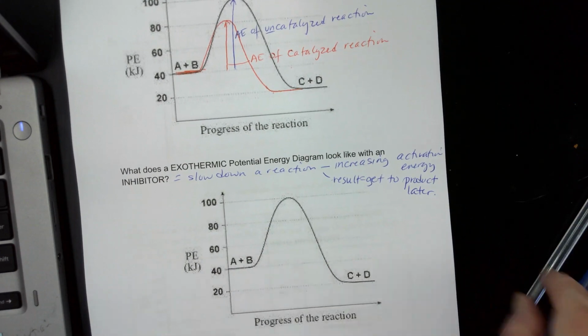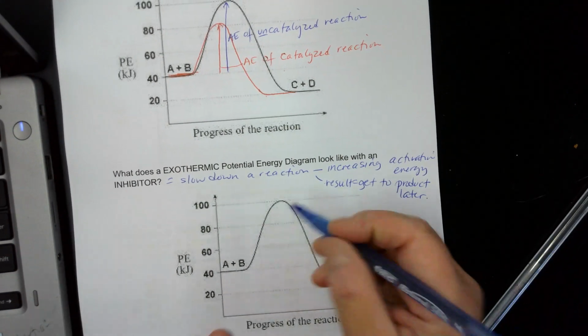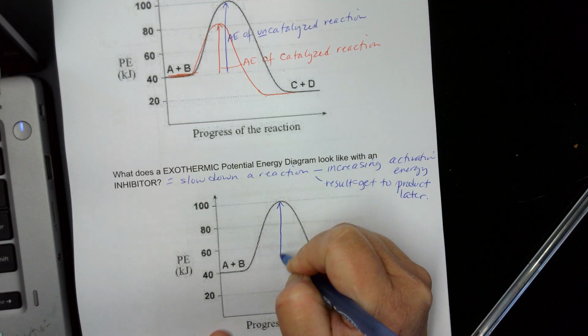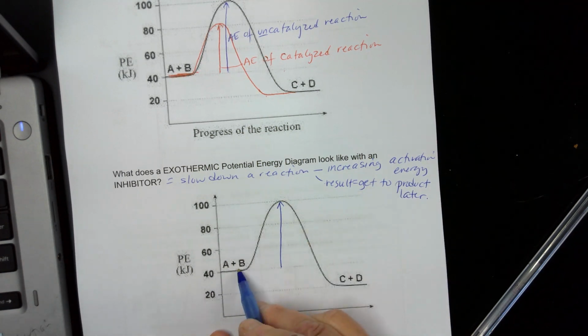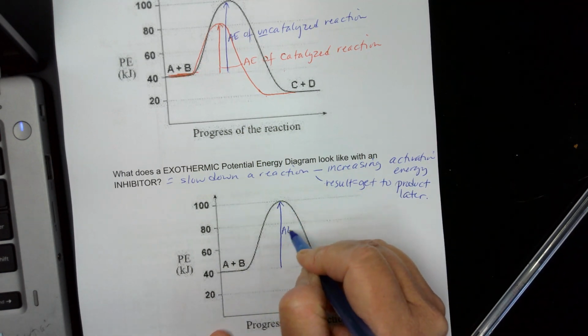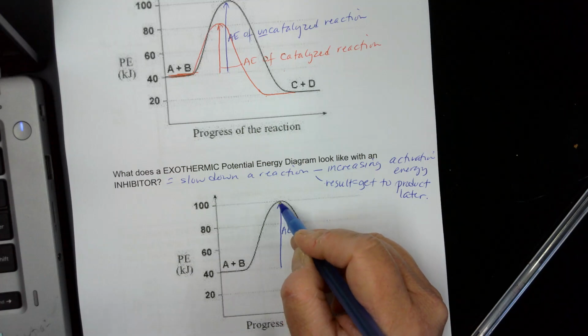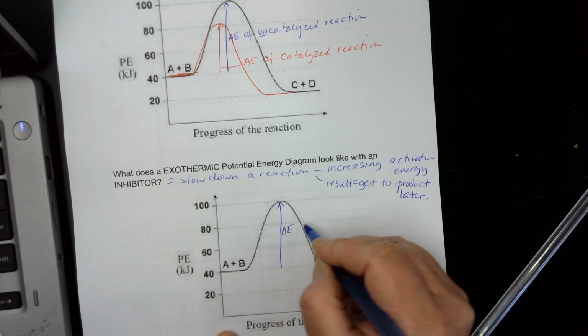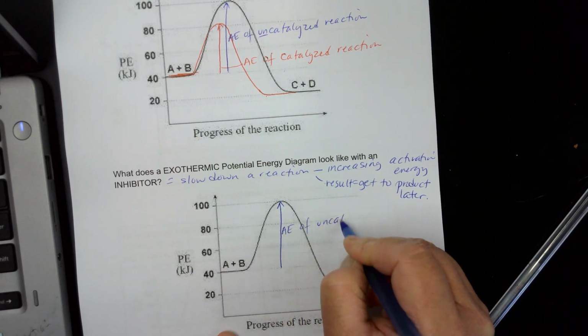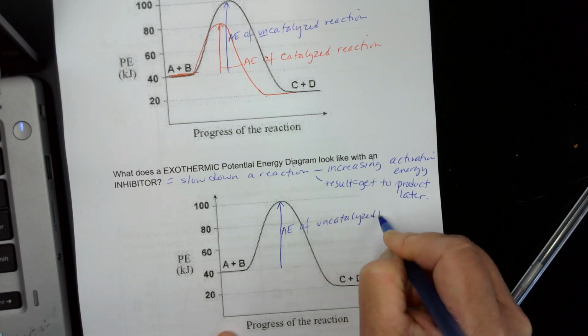So what does that look like? Well, right now we have this blue arrow, which is the energy added to the reactants to get to the activated complex. That's the activation energy of the uncatalyzed reaction.